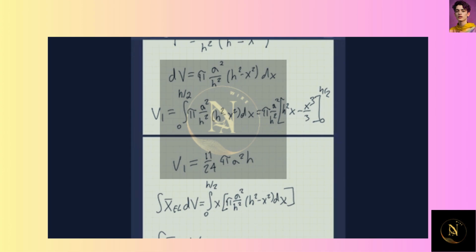So simplifying, you get that it's equal to pi a squared over h squared, which are pulled out because they are known. They are not variables.